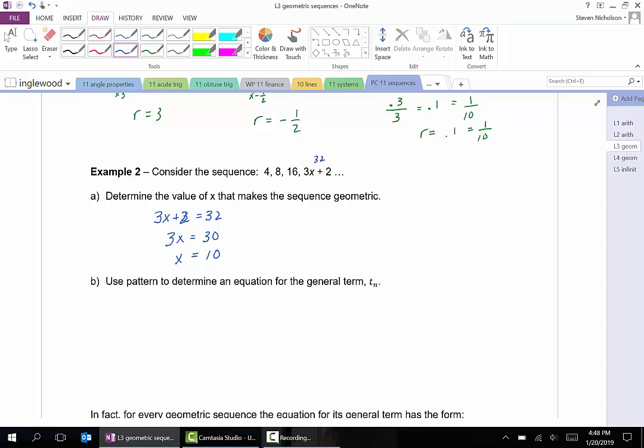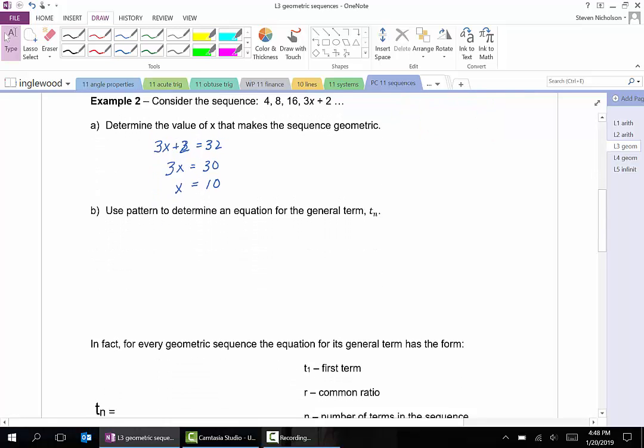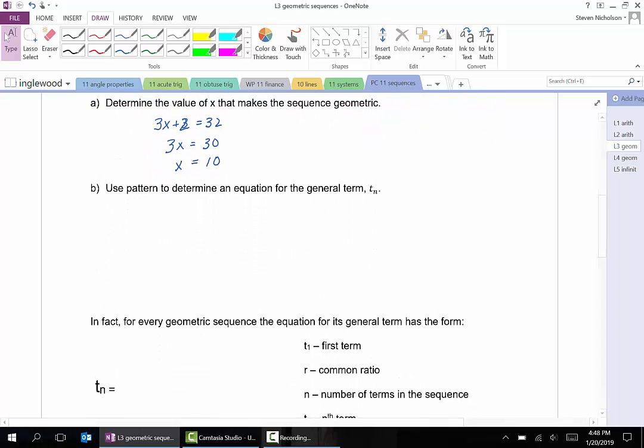This next question is asking us to find the general term. Now we're going to come up with a formula for a general term. I'm going to give you the formula for the general term, but we might actually be able to see it with this simple example. If my first term is 4, I'm just going to write out the first 4 terms, and we're going to write it in a creative way.